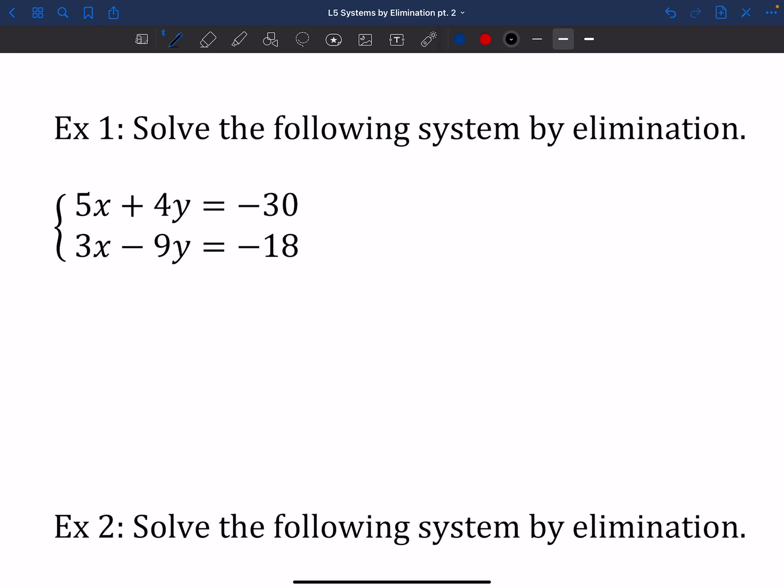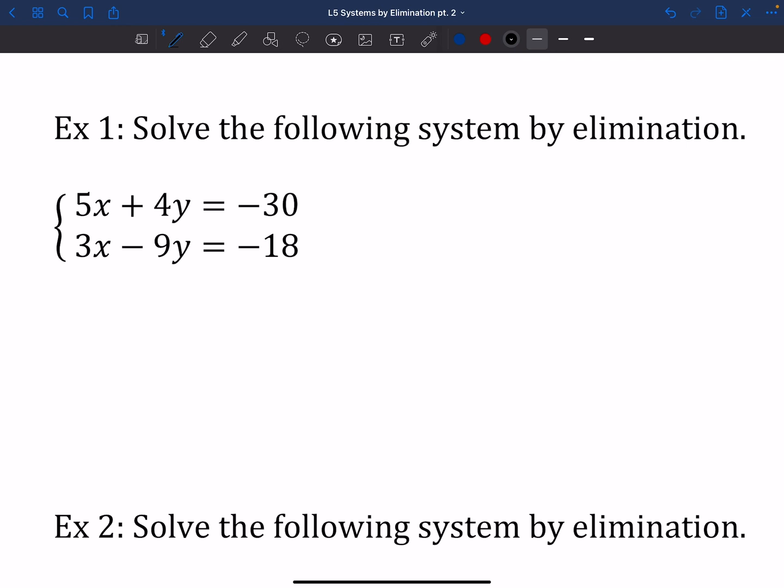A couple of things here. You're welcome to do whichever one you want, but choosing the ones where the numbers are a little smaller might be easier. I'm going to choose to work with the x's. I have 5x and I have 3x, and I want to come up with a way to make them have similar coefficients.